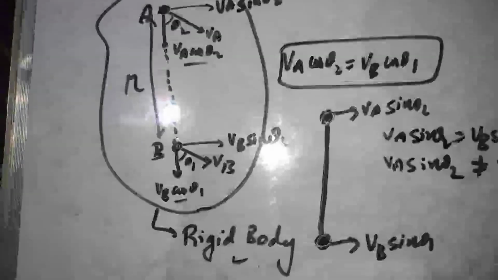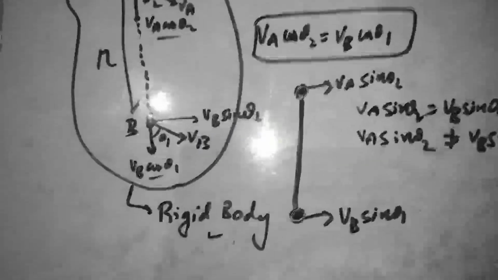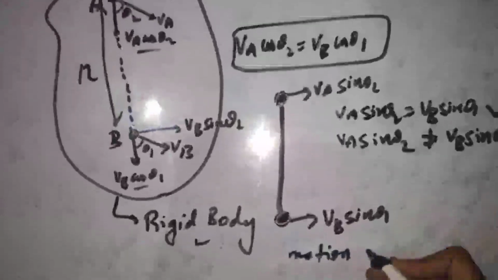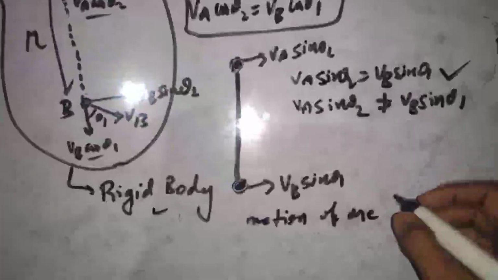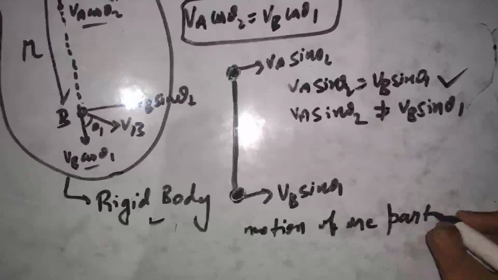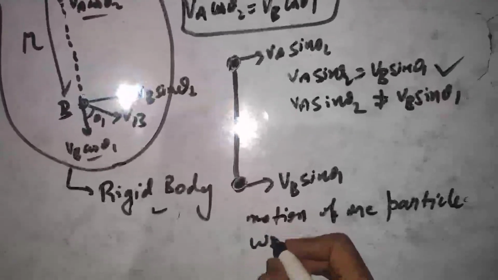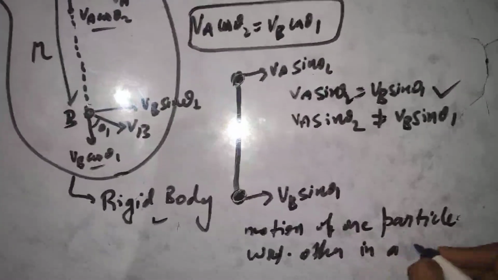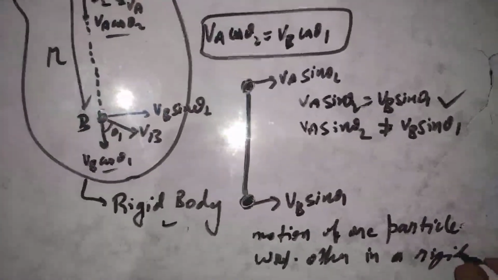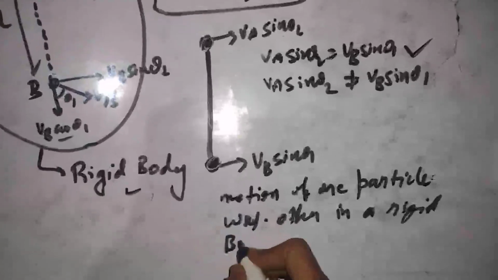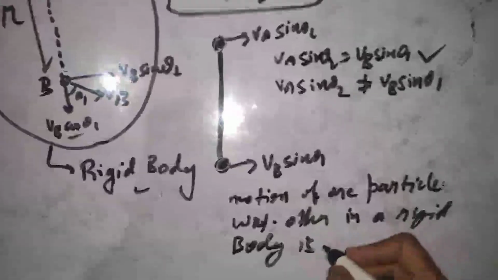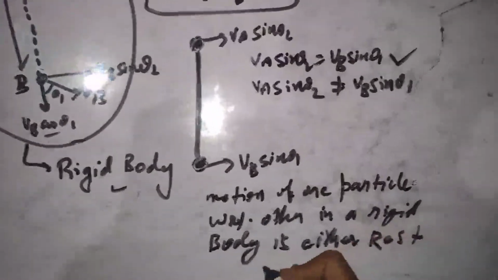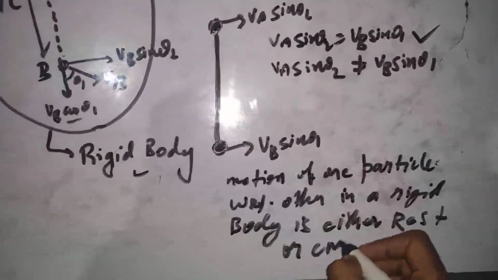So from here we make a very important statement: the motion of one particle with respect to another in a rigid body is either rest or circular motion.